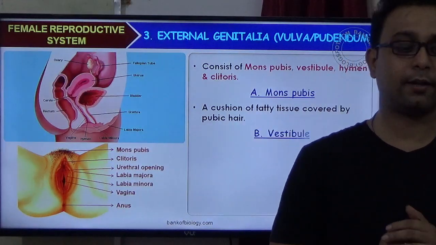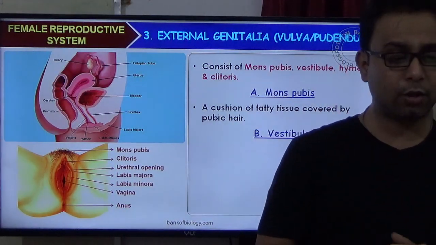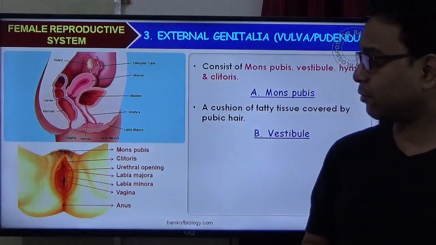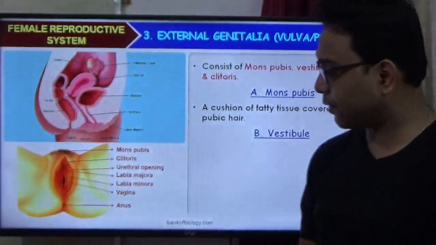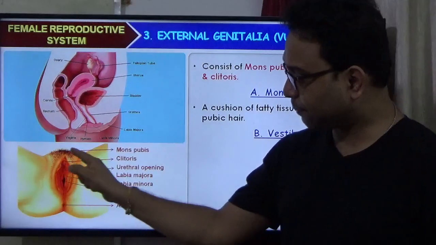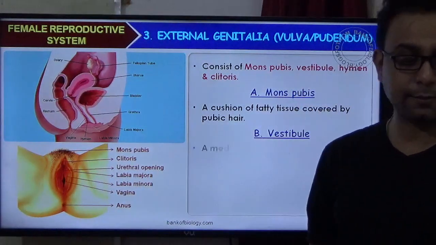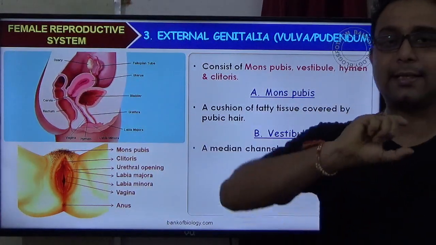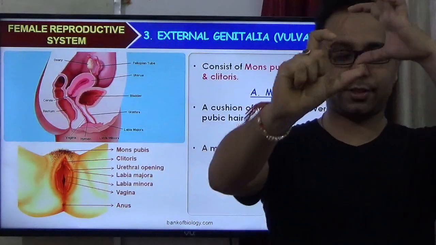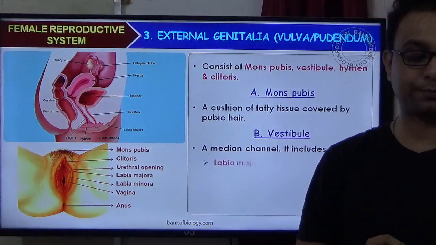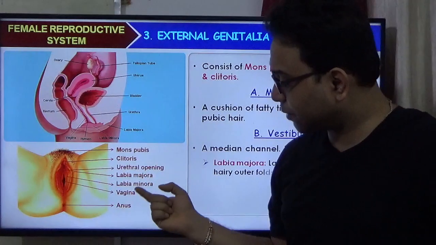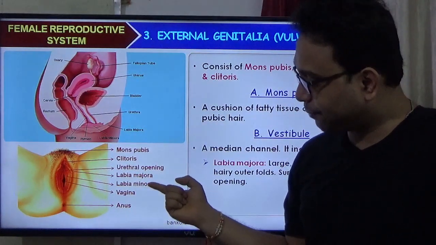Another point is the vestibule. You can observe this structure; this is the vestibule part. It is ultimately a channel, like a cavity, which includes the labia majora and labia minora.